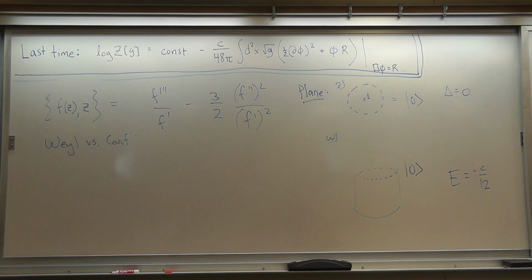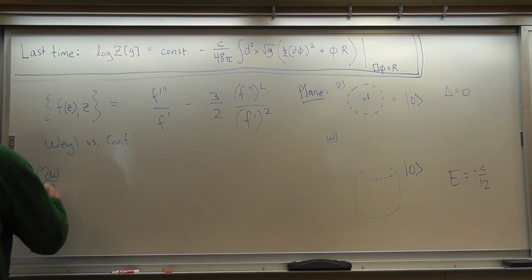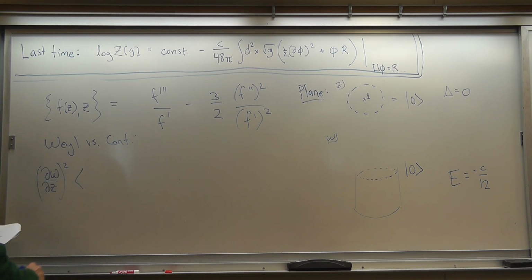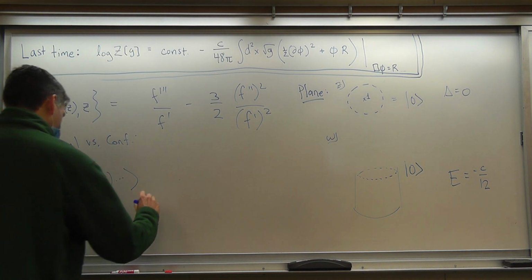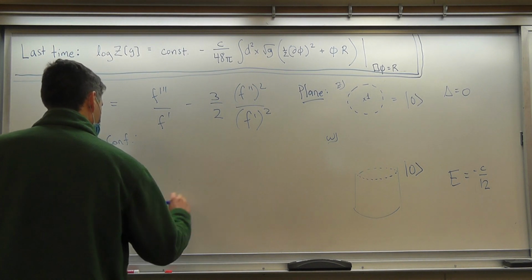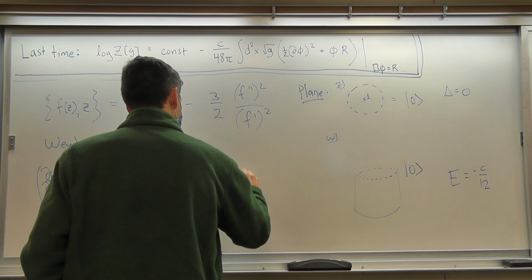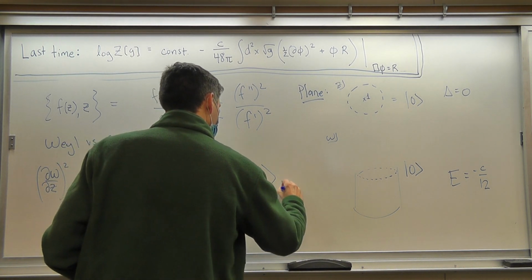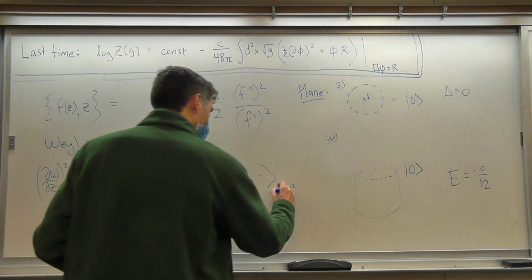So over there, I wrote the relationship between Weyl and conformal for scalars. I'm going to write it down for the stress tensor. It just says dw dz squared times the expectation value of T of z in the metric dw squared is equal to T prime of w in the metric dz squared. So that should be mod dw squared mod dz squared.